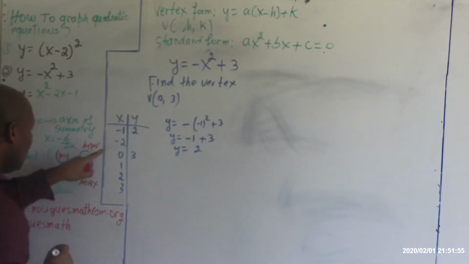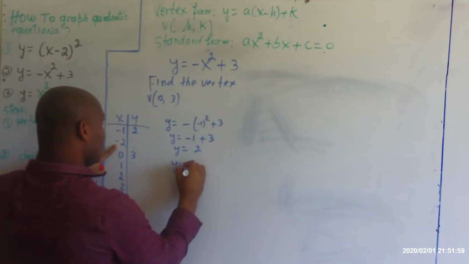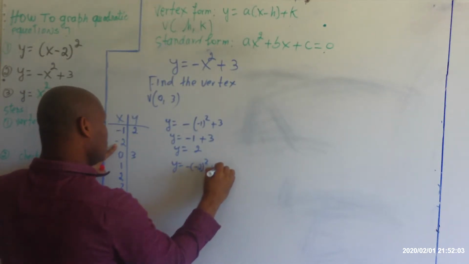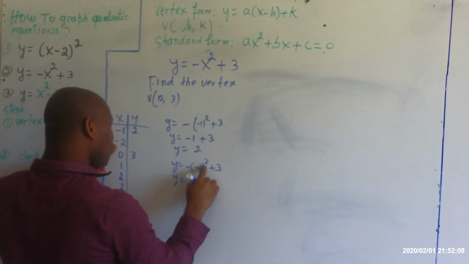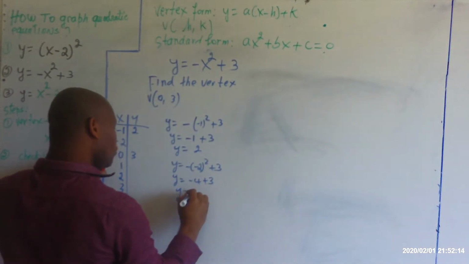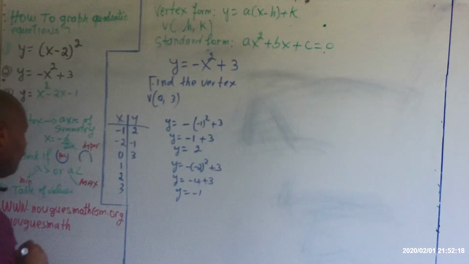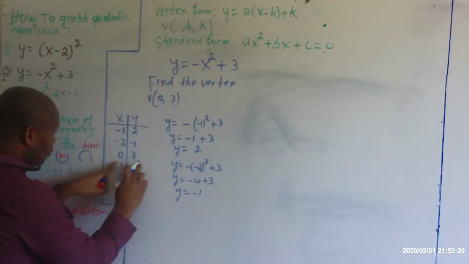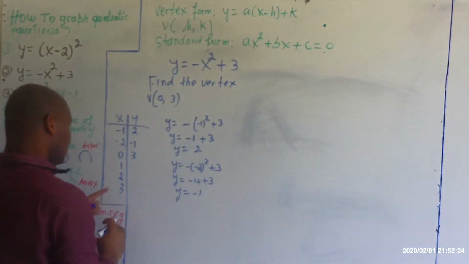Now -2: -2 to the power 2 is 4, so I end up with -4 plus 3. That's going to be Y equals -1. Perfect. 0, 3 is the vertex. We already have those points.